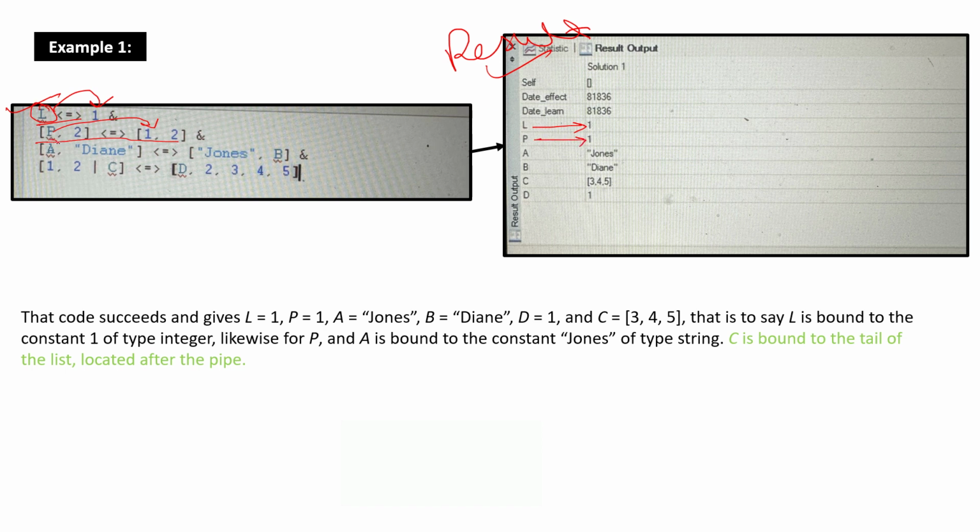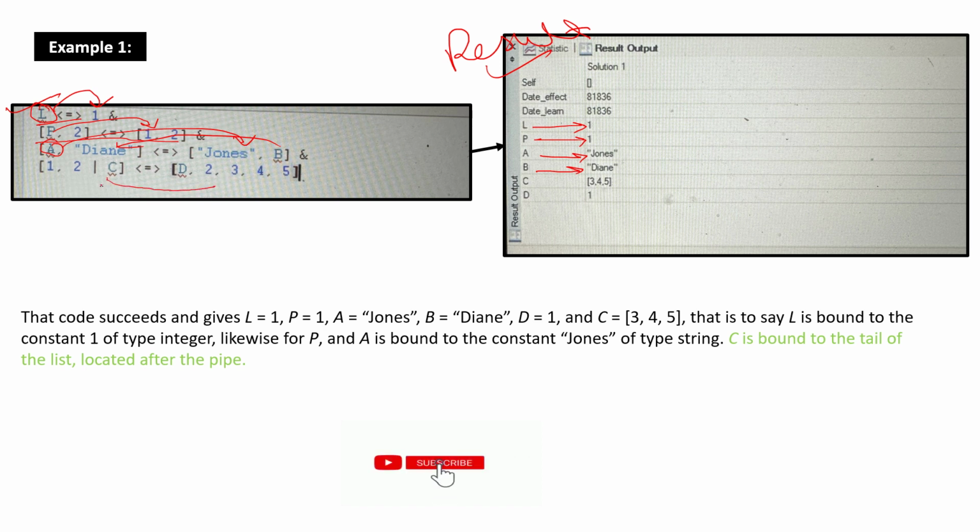And here in this case, A is bound with the zones. Here also we can see in the result A is bound with the zones, and B is bound with the DNA. Here C is bound with the tail of the list.